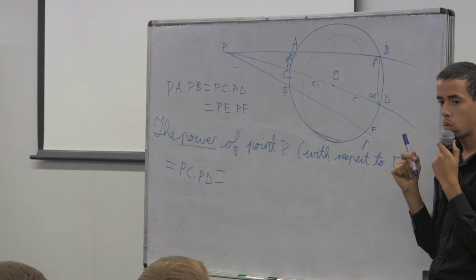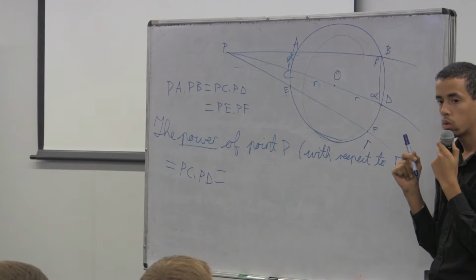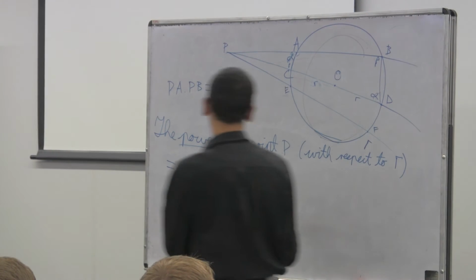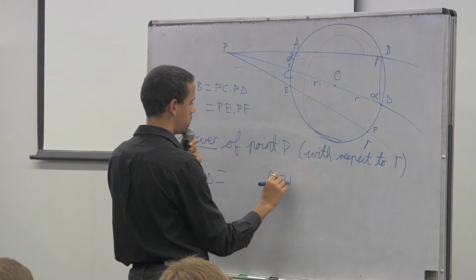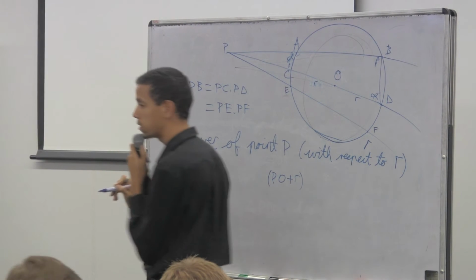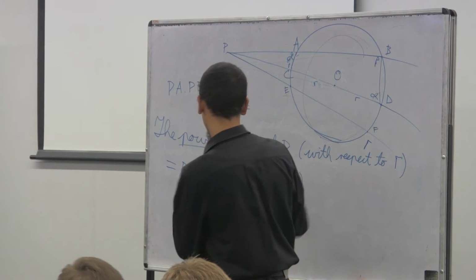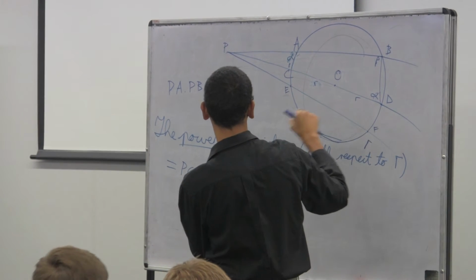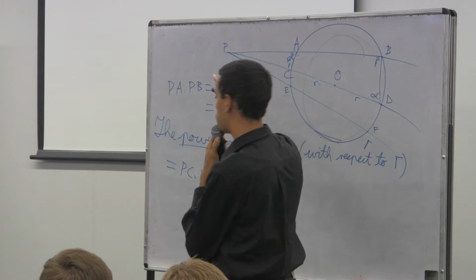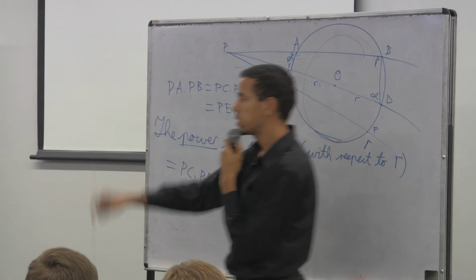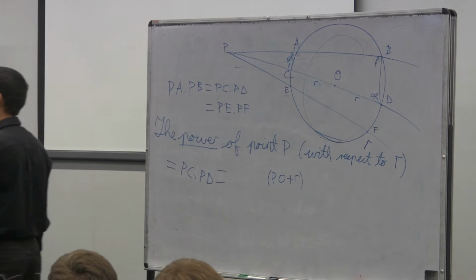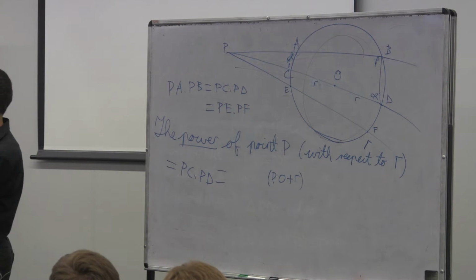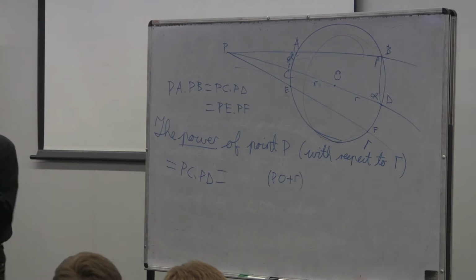How? Okay, so PD you can write as PO plus R, because it's PO and then plus R. And what about PC? How can we introduce O into it?